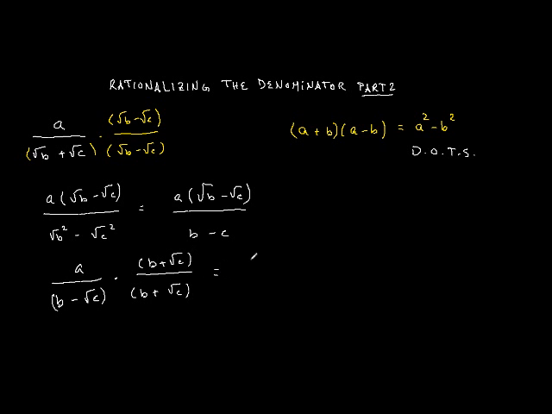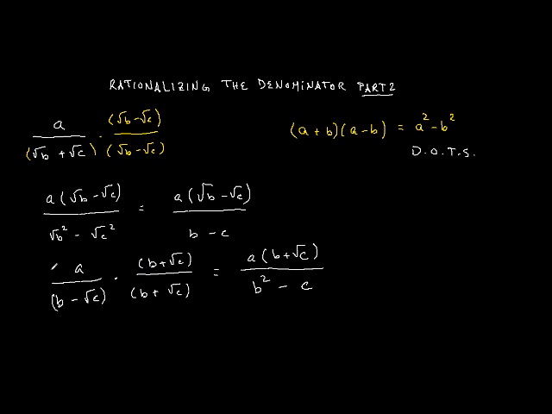So this gives me a times b plus square root of c divided by, and here I get the first term squared, so that's b squared, minus the second term squared, and that's just square root of c squared, which is c.